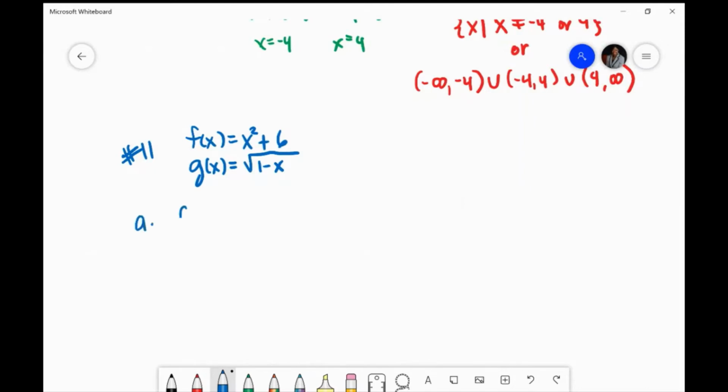A, f plus g of x, as we know, is f of x plus g of x, which equals what, someone other than Kenneth and Alicia?